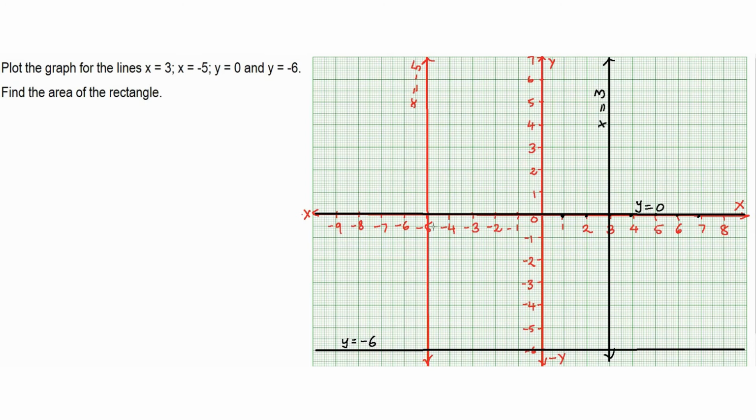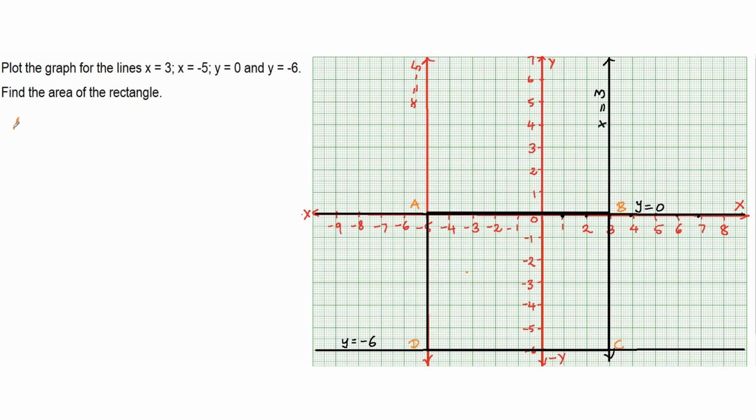If you notice carefully, the rectangle is getting formed right over here, right? All these lines are forming this particular rectangle. And hence I want to find the area of rectangle ABCD. A, B, C and D are the vertices of this rectangle.